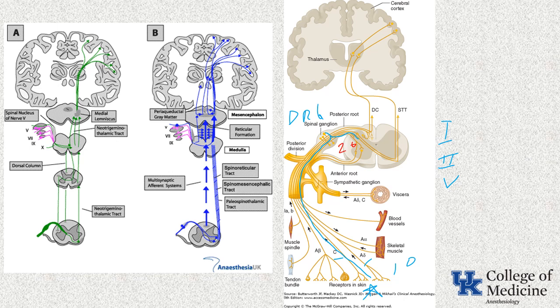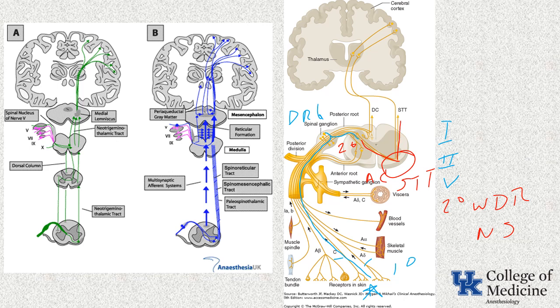And our secondary order neurons are wide dynamic range and nociceptive specific. They travel across the spinal cord via the anterior commissure into the spinothalamic tract.